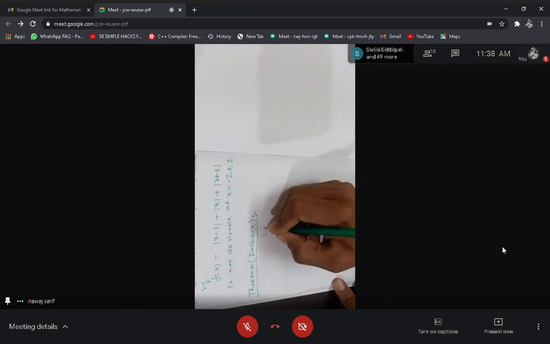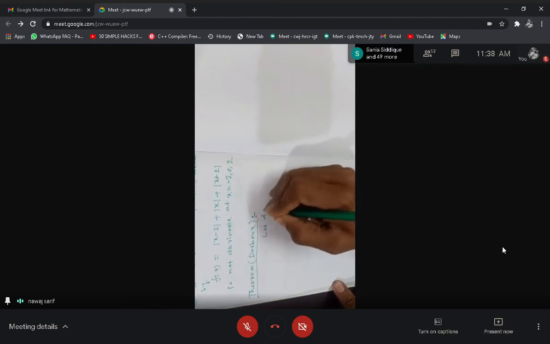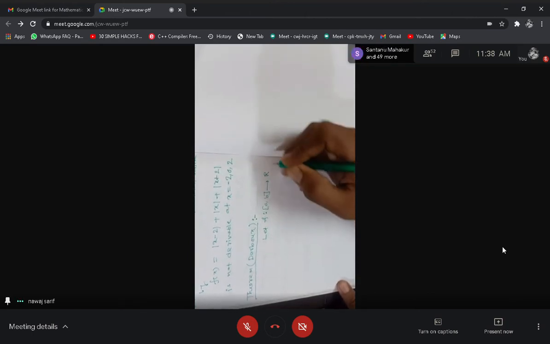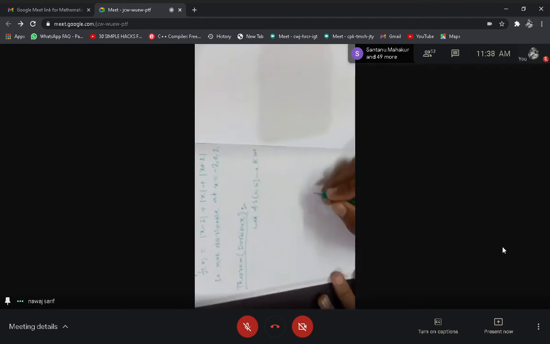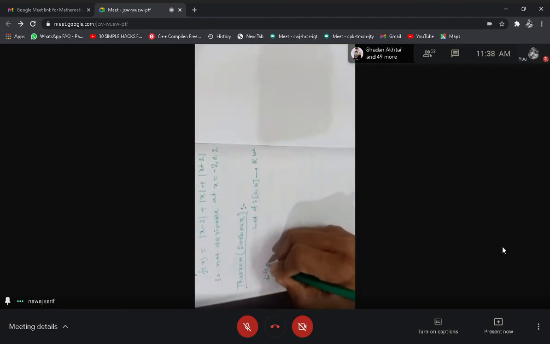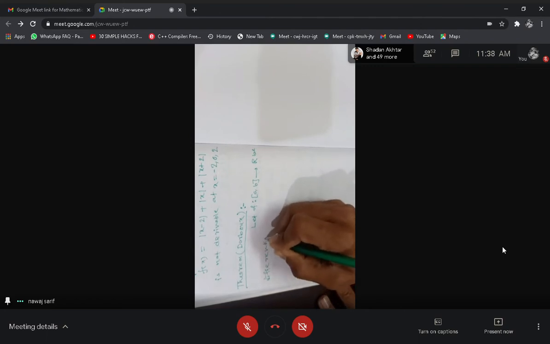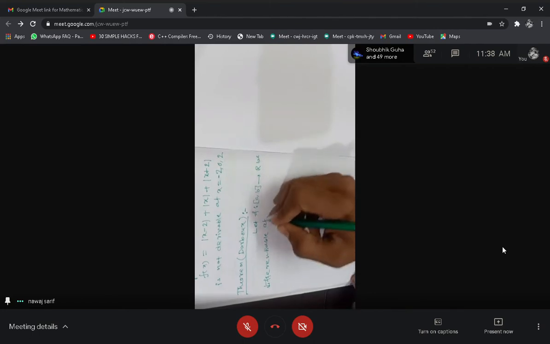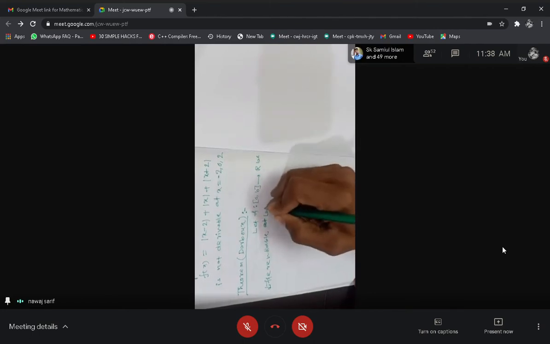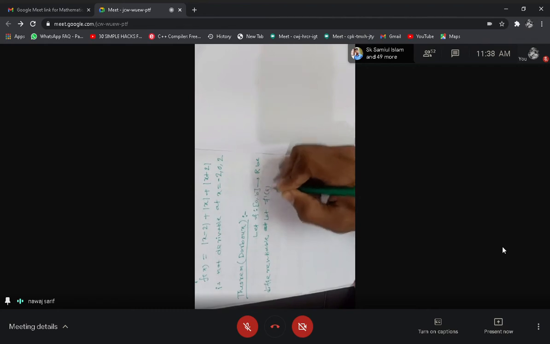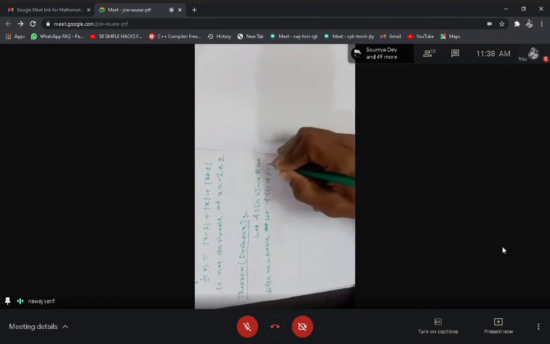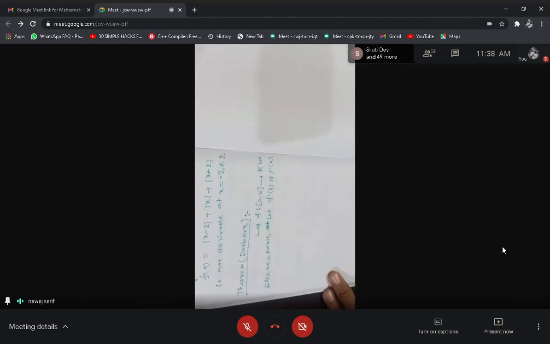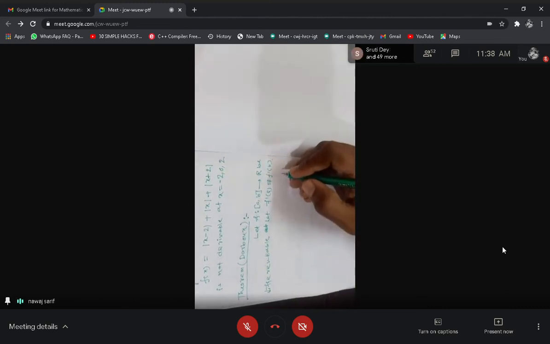Let f from closed interval [a, b] to R be differentiable, and let f dash a is not equal to f dash b. This says that f is differentiable and f dash a is not equal to f dash b.